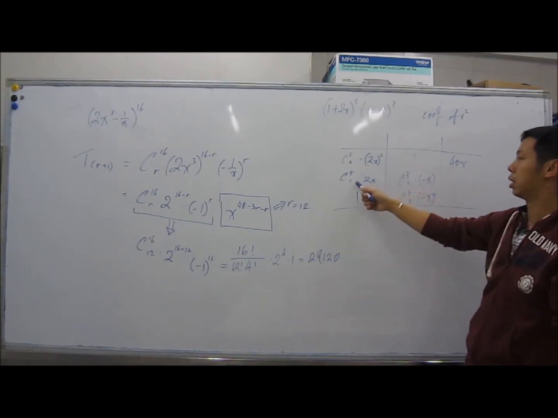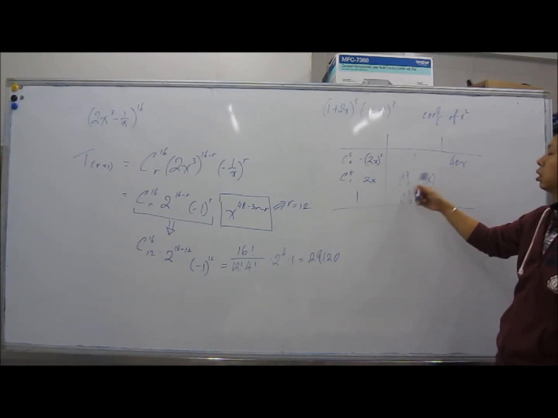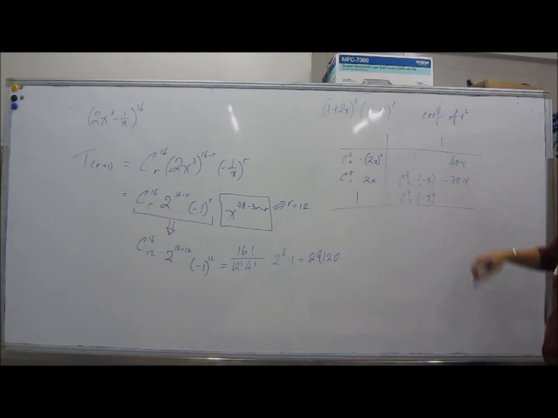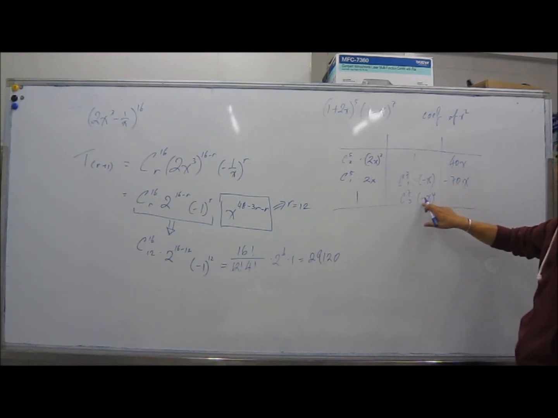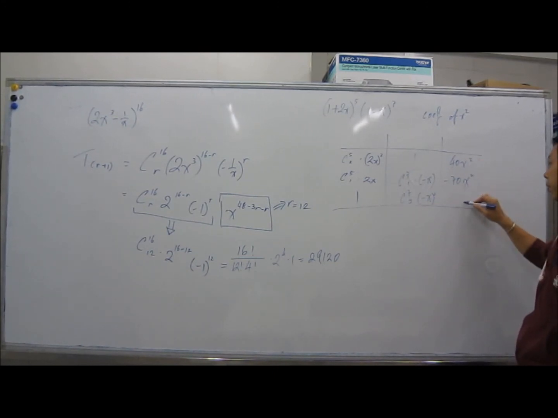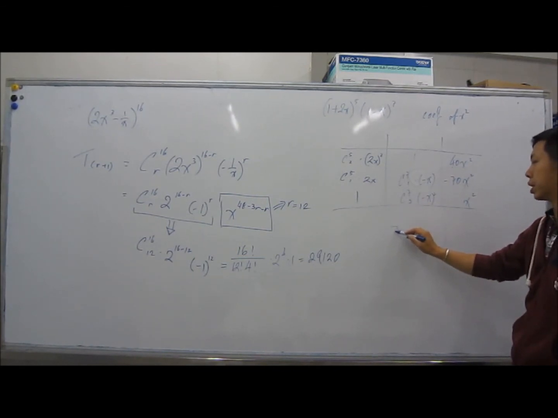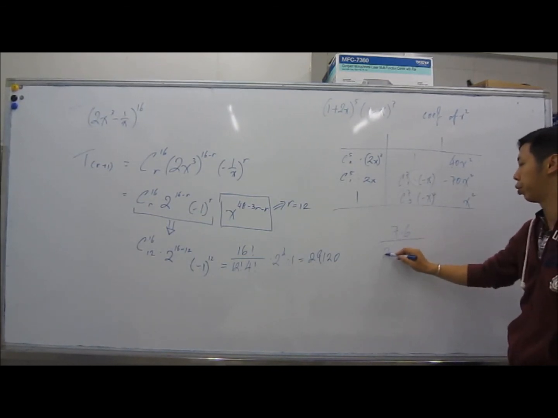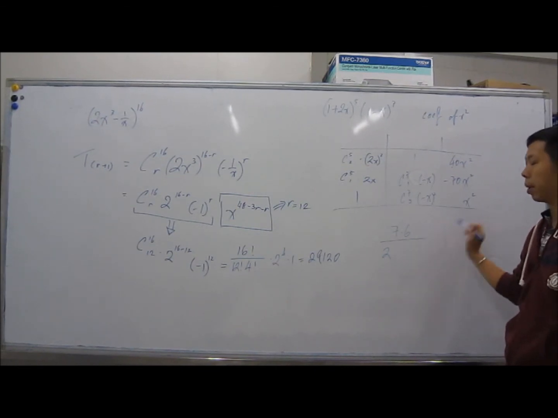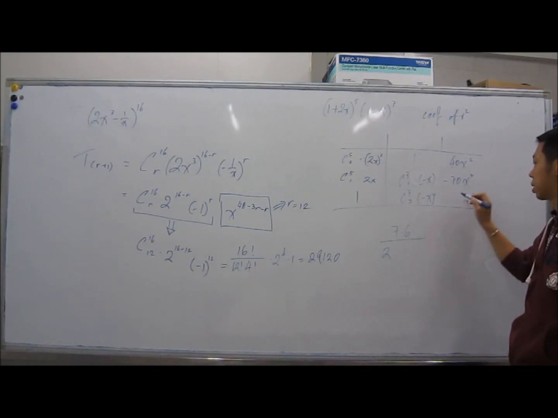Multiply together, this is 10, this is 7, negative 70x. Then this one, x² with negative squared is positive x². For C(7,2), it is 7 times 6 divided by 2 only, the remaining part cancels out. That means it's 21.